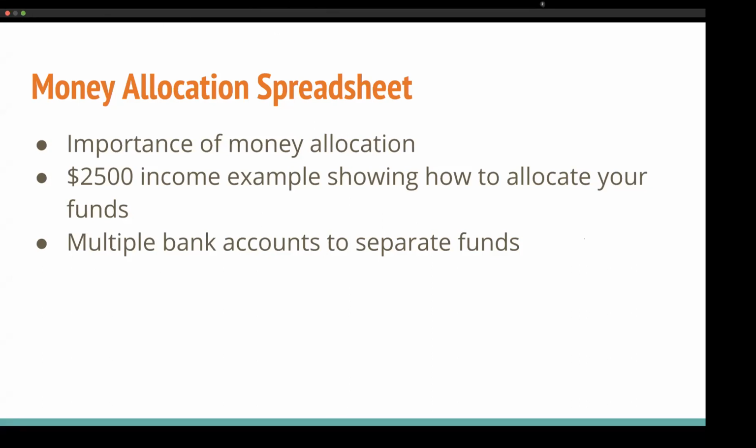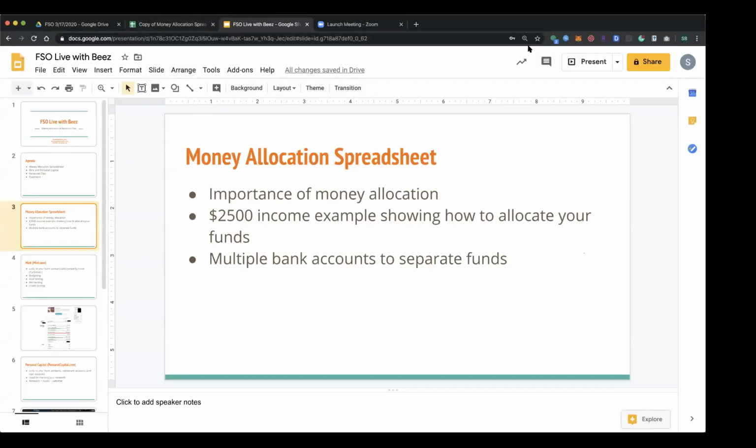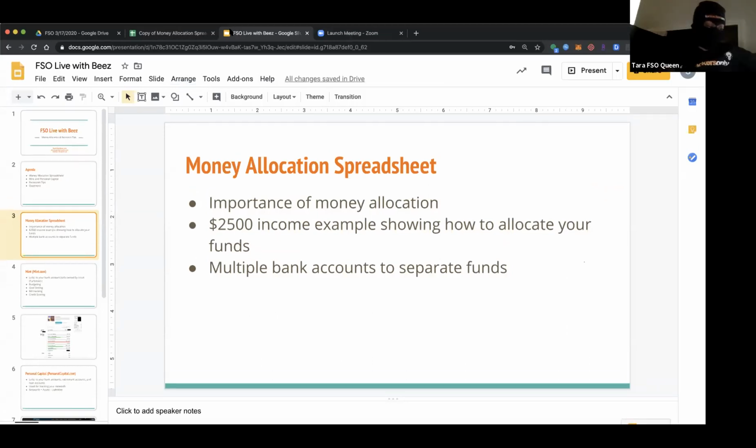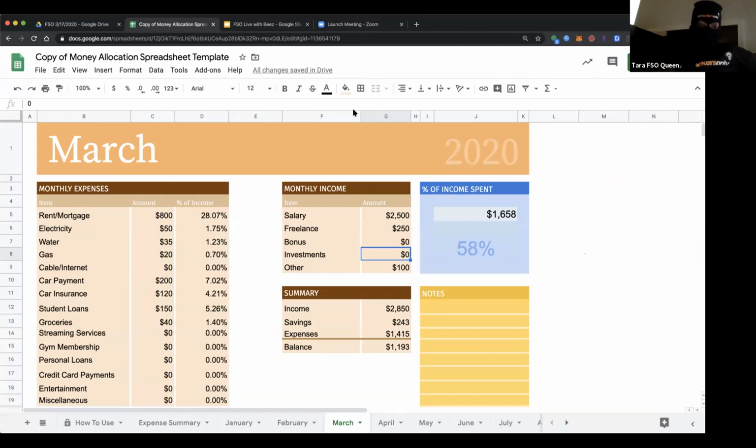Let me see. Trying to figure out how to switch. Can y'all still see this? Yes, we can. I can see it. How do we turn the drawing off? Somebody else is drawing. I don't know. Who's doing that?